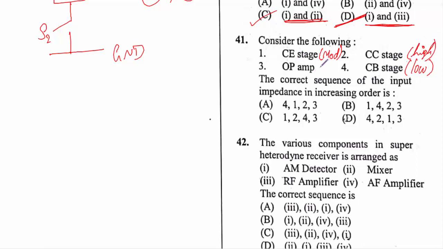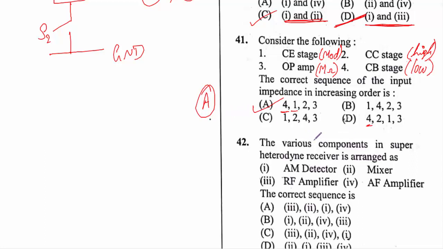In the case of op-amp, we know that ideally input impedance is infinite, or practically if I am speaking, the input impedance will be of the order of mega ohms, which is a huge value. So if I am arranging in an increasing order, I should get common base as first. Next should be common emitter. So I can opt for option A.